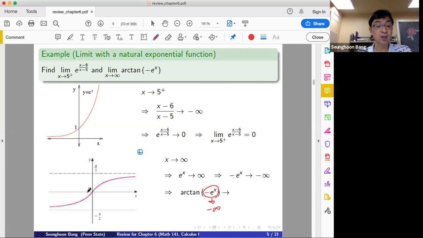The inside one is exactly log of x. What happens to the corresponding function values of arctangent? Arctangent approaches this dotted line. Y value is negative pi over 2. Like this. So the final answer is negative pi over 2. So that's it. This is the whole idea for solving limit problems.